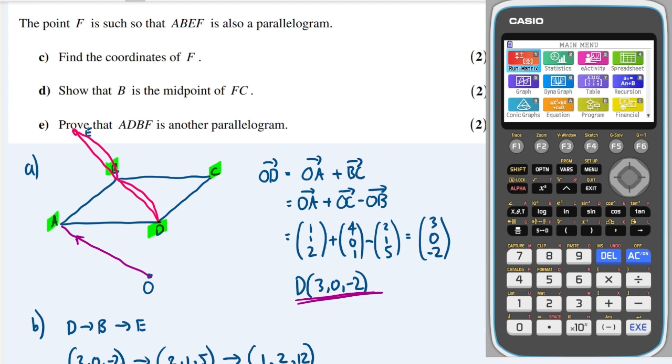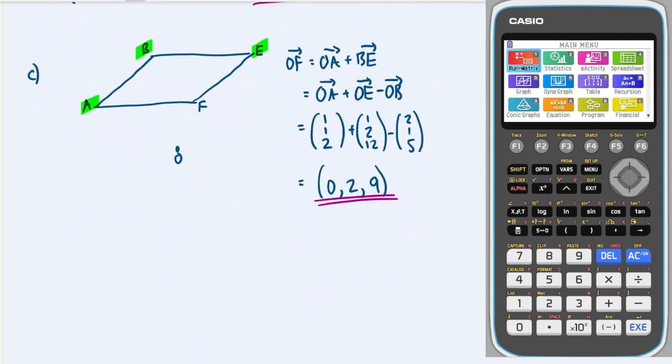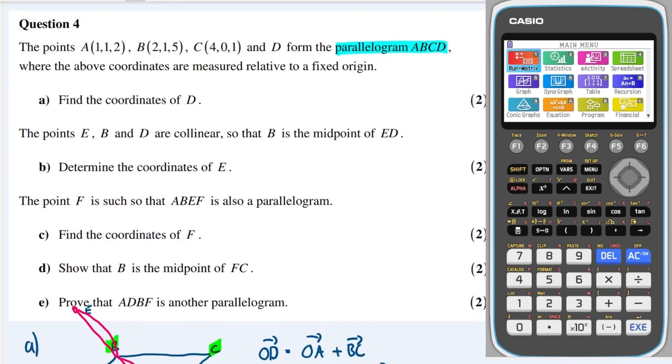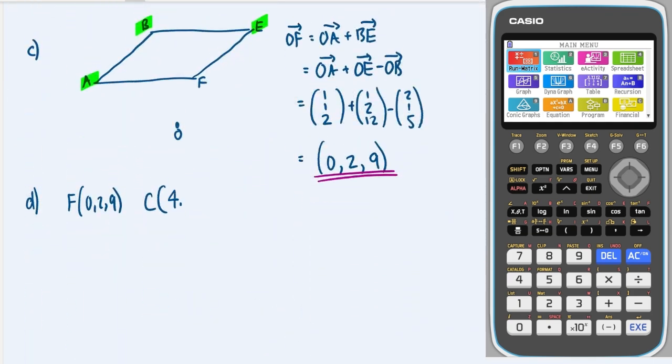Part D, show that B is the midpoint of FC. Okay, so we know that F is the point 0, 2, 9, and we know C as well. C was 4, 0, 1, so we'll just find the midpoint of these.